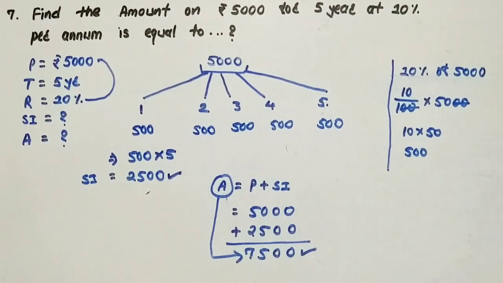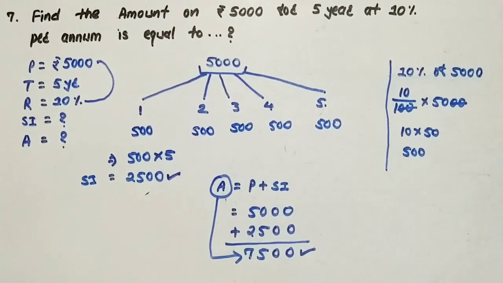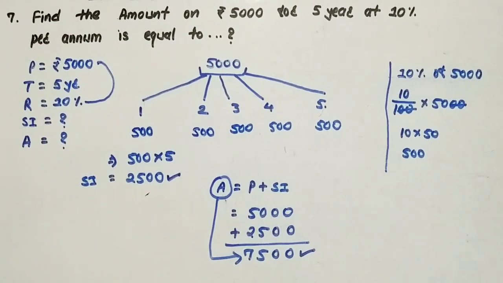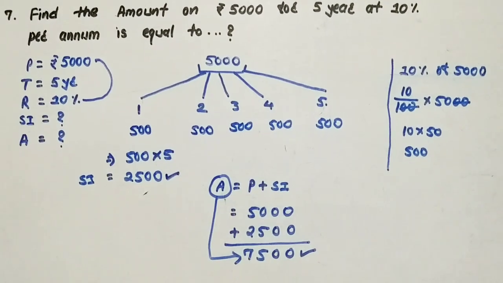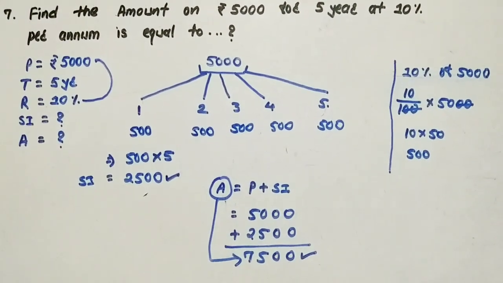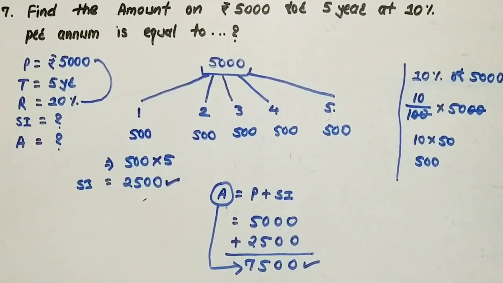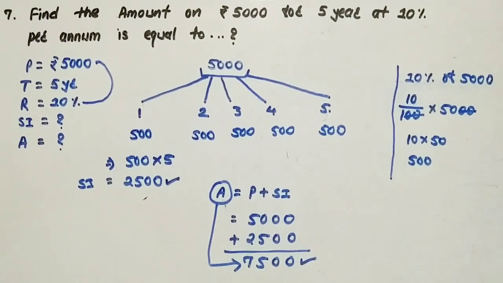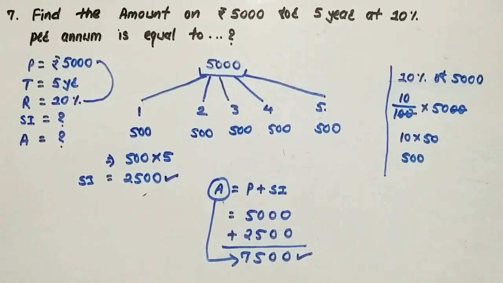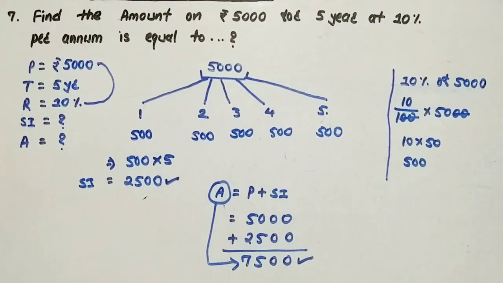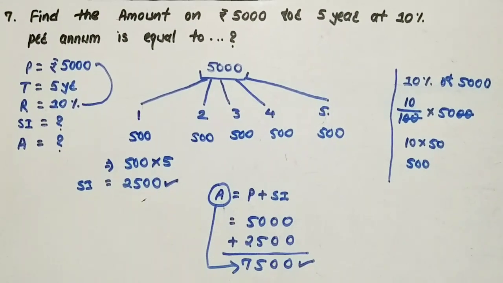Suppose 5,000 for 1 year at 10%, then what would be the value? So for the first year, 10% of 5,000 is equal to 500. So that's why 5 years means 500 multiplied by 5 times. That's why we will get 2,500, that is equal to simple interest, and principal value is 5,000. 5,000 plus 2,500 is equal to 7,500.